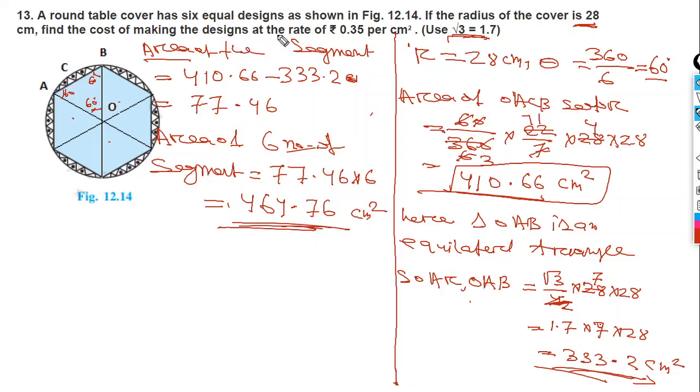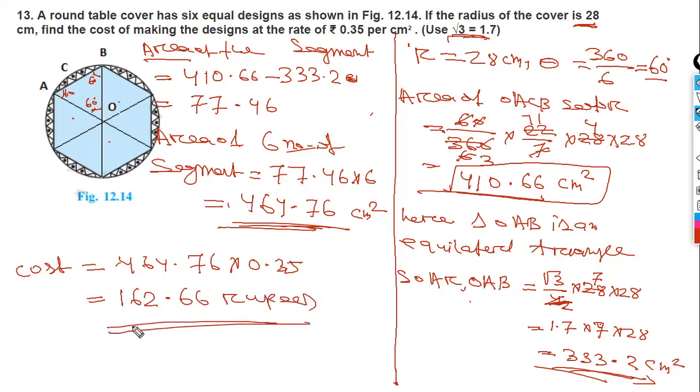Now again we have the price, that is rupees 35 paisa per centimeter square. Now we can find the total cost. So cost will be equal to 464.76 into 0.35 rupees, which will be equal to, again please multiply, 162.66 rupees.